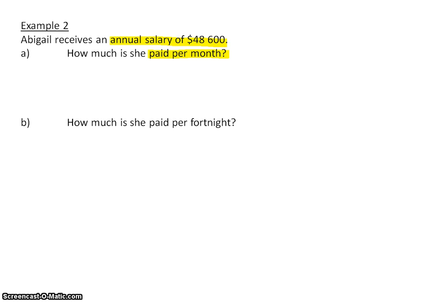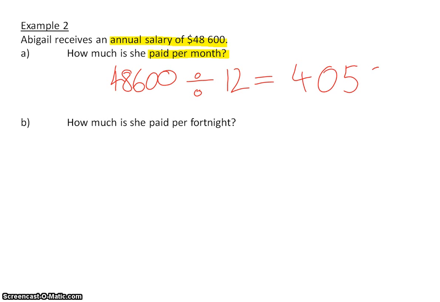We'll start off with the amount she's paid, $48,600. Now, that's our annual amount, so we're going to have to divide it by the number of months in a year. We have 12 months in a year, which leaves me with $4,050 every month that she receives from her income.